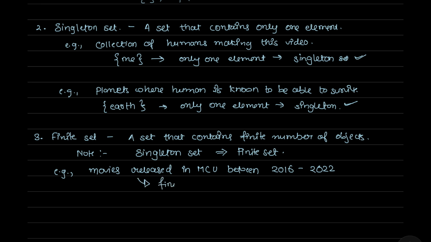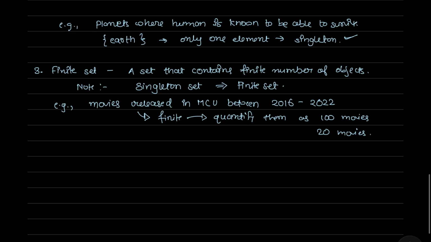Why? Because the number of movies between 2016 and 2022 in MCU is a finite number of movies. We can easily quantify them as 100 movies or 20 movies, like that. So basically a set whose number of elements can be quantified is said to be a finite set.